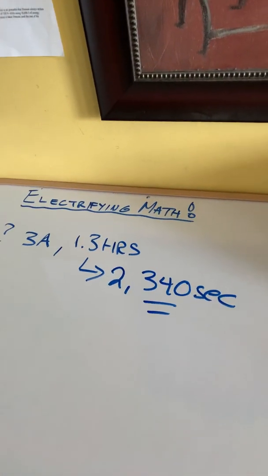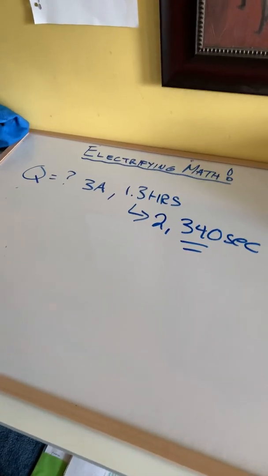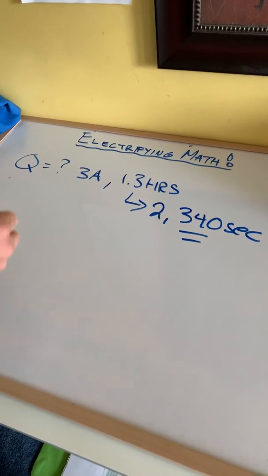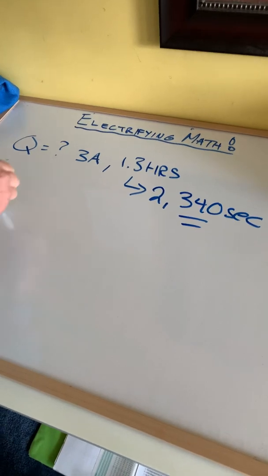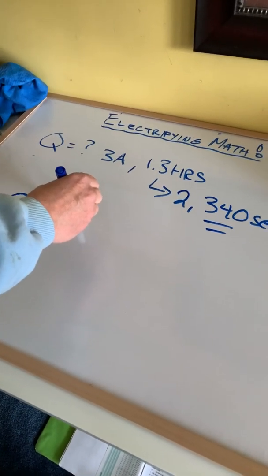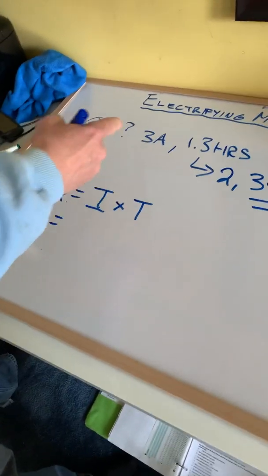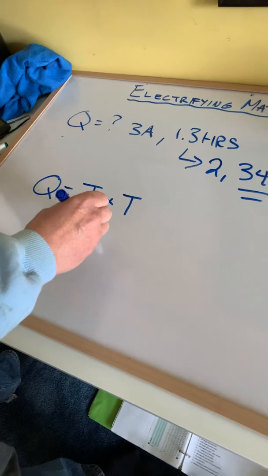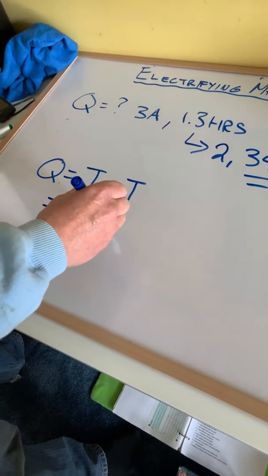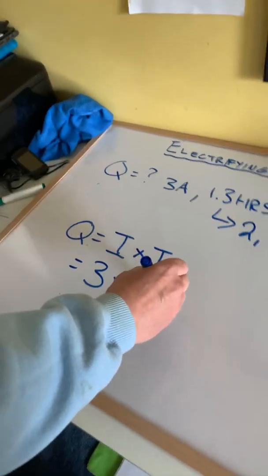Okay, and then we're going to go look for our equation that deals with charge, amps, and time, and we're going to manipulate it so we can figure out charge, and we're going to see that charge is current times time. We're given 3 amps, and we have our time of 2,340 seconds.